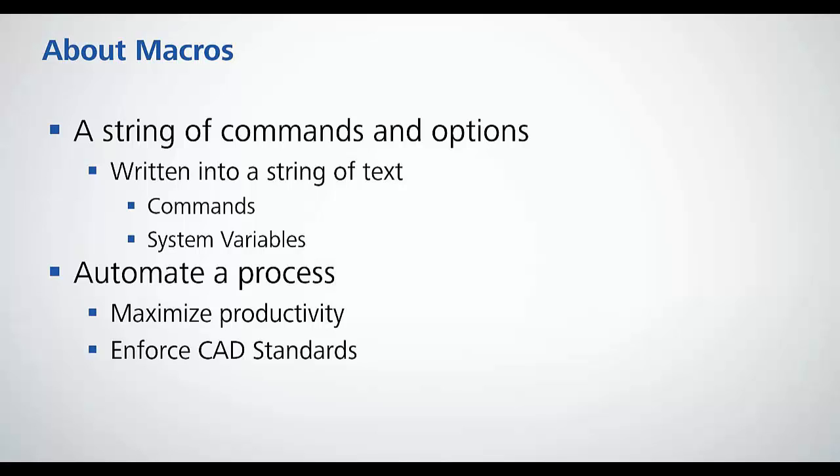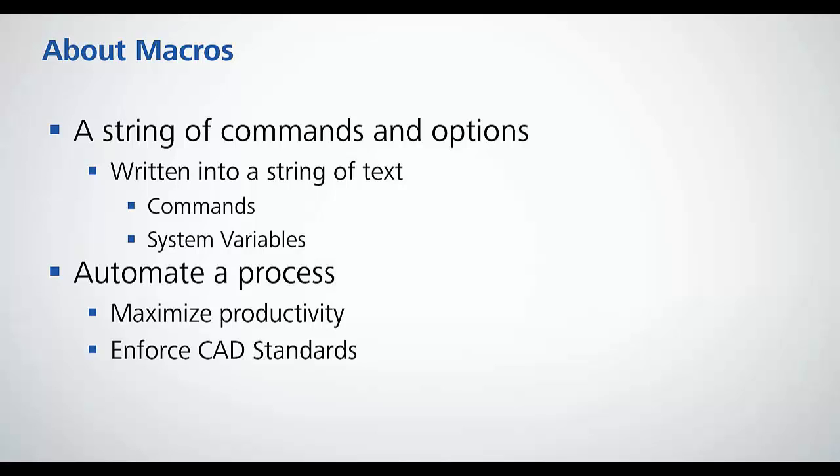So what are macros? Well, they're a string of commands and the options within those commands. Now, it doesn't have to be a command that you're using in a macro. You could be using and modifying system variables. Basically, all it is a string of text that you can place as a command or as a command function, say in a tool palette, which we'll be doing today. It allows you to automate things.